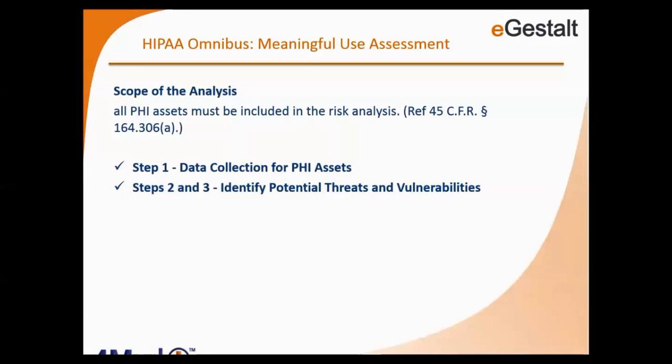And threats are really user-initiated or robot-initiated or machine-initiated attacks. You want to list out all the possible ways the PHI asset can be compromised, which in turn means that the PHI asset sitting on those machines, hardware, and software can be taken advantage of, can be stolen.